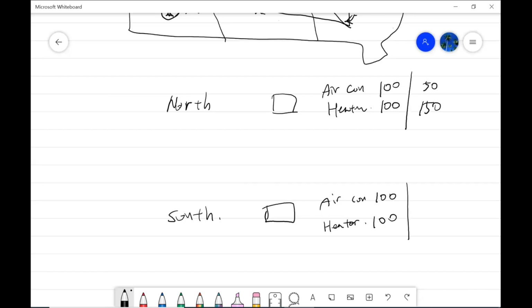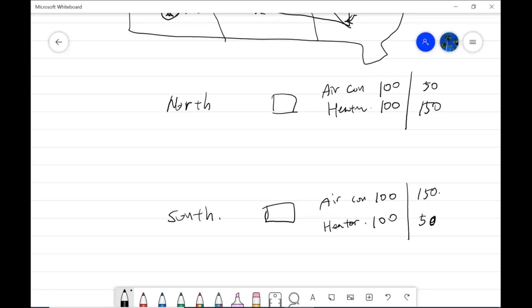In the south area, which is a very warm place, they need fewer heaters, so I just put in 50 heaters. But for air conditioners, because the middle of summer in the south is very hot and the demand is high, I'm going to put in 150. That way, I'm going to specialize. Specialization is just a simple idea: you try to aggregate in terms of product items, especially those having very different demand.